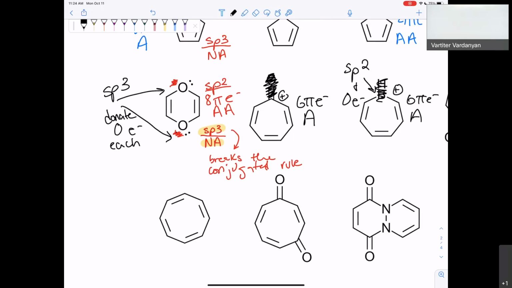You could do it either 1 per each atom of the double bond, or you can say 2 per double bond.